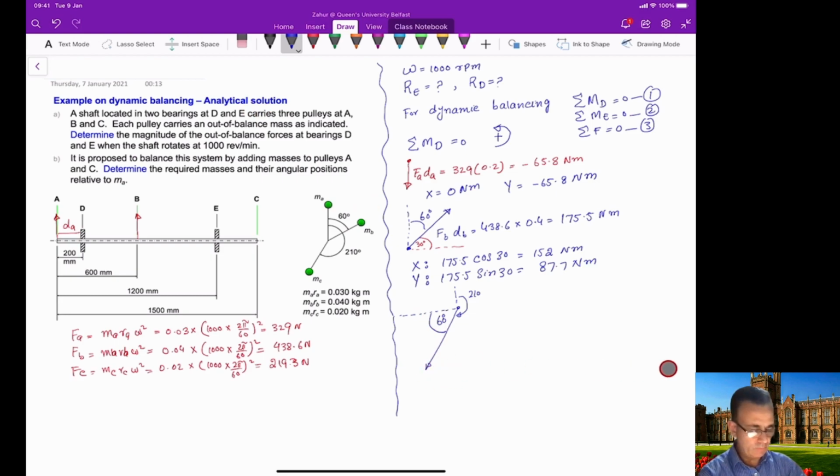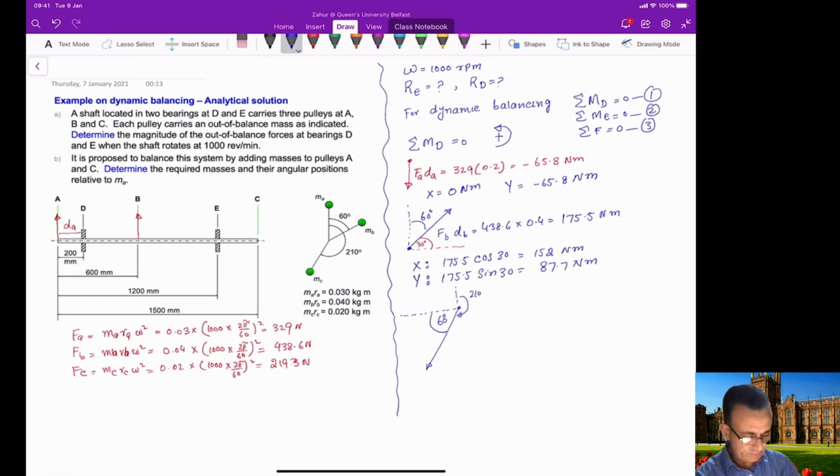our moment, which is equal to FC times DC. So DC will be the distance from D to C, which will be 1500 minus 200, so which is 1.3.